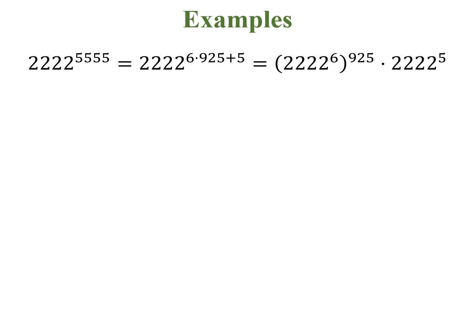This is congruent to 1 modulo 7, so it will be 1 raised to 925. It becomes very small. Now you have to think about only 2222 raised to 5.